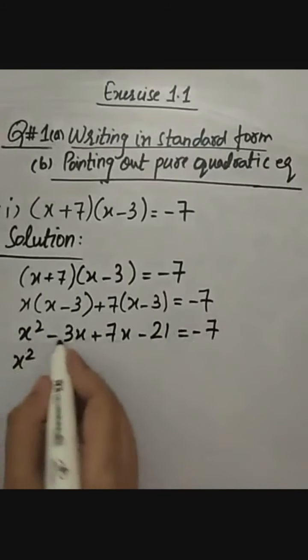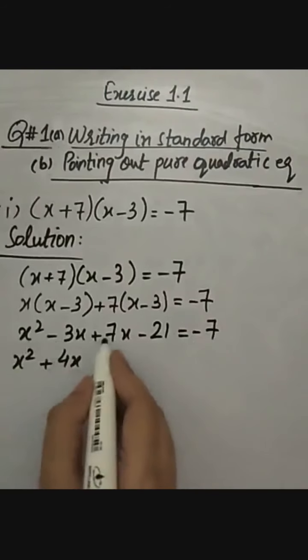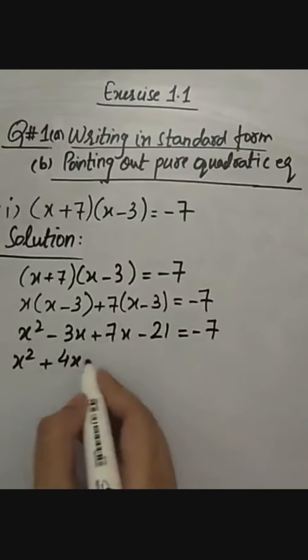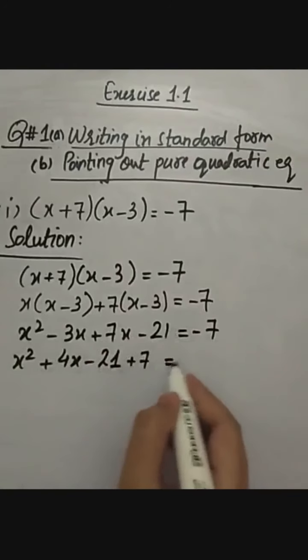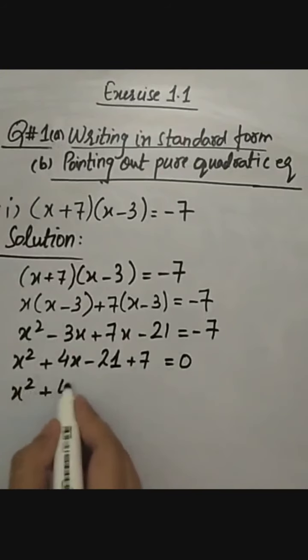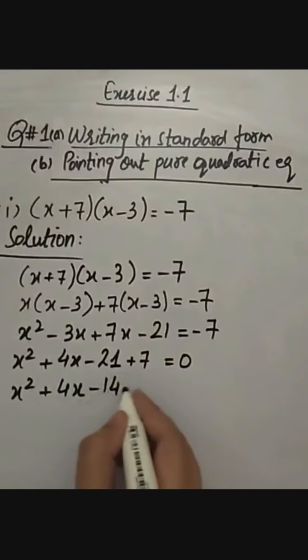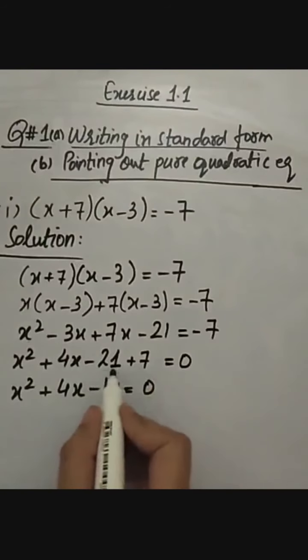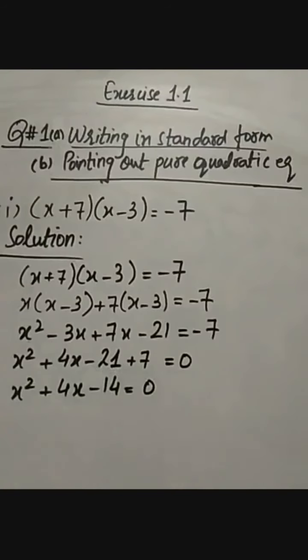X square plus, minus 3 plus 7 is 4x, and plus 4 because sign should be of greater term... minus 21, take it to the right side, plus 7 is equal to 0. X square plus 4x, minus 21 plus 7 is minus 14. Clear? Minus 14 because minus is with the greater sign. So x square plus 4x minus 14 is equal to 0.